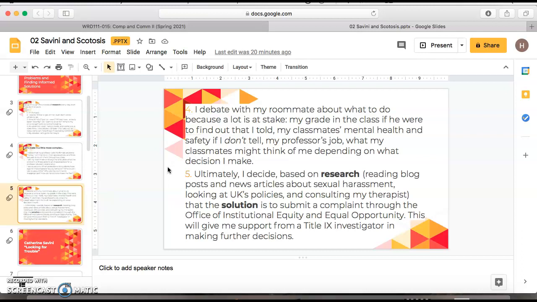And based on that research I've done, I then come to the solution that I should submit a complaint through the Office of Institutional Equity and Equal Opportunity at UK to give me some further support. So in that example, we go through the same exact process, but it's a little more complex on the research level, though you might not think of it as research. You are doing everyday research all the time.